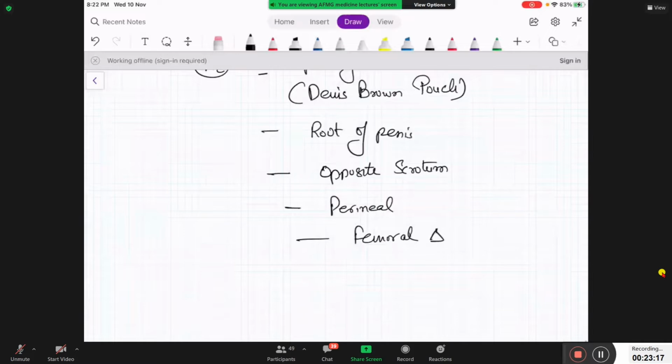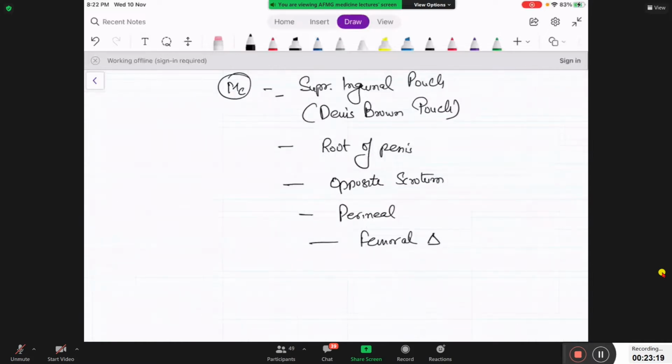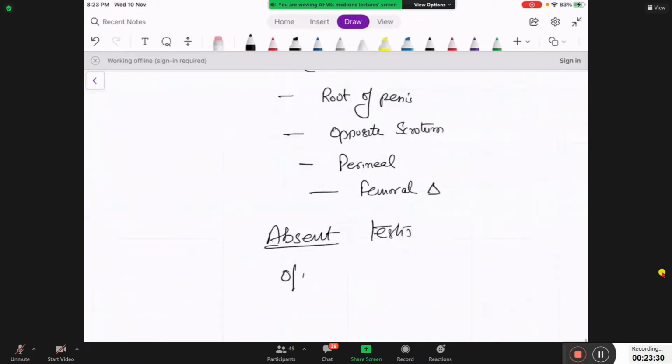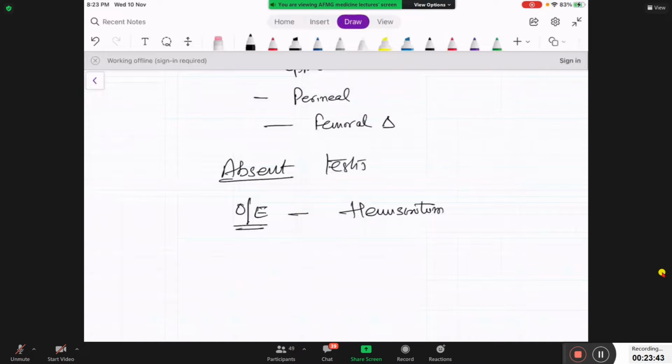Now, how will these patients present? They will again present to us with absent testis. But on examination of these patients, you will find the hemiscrotum where the testis is absent, that side of the hemiscrotum you will find is well developed.